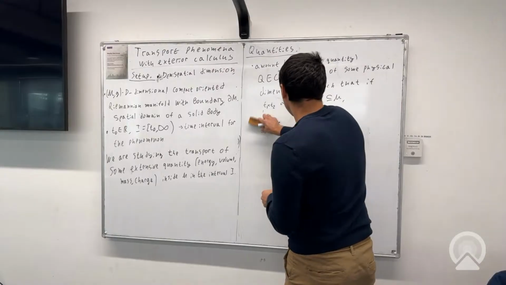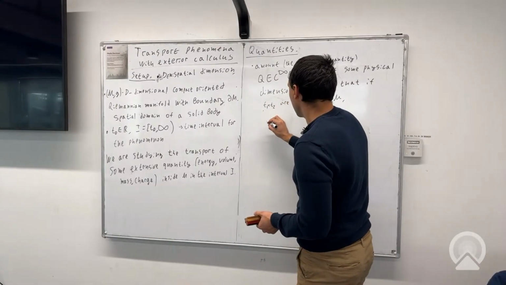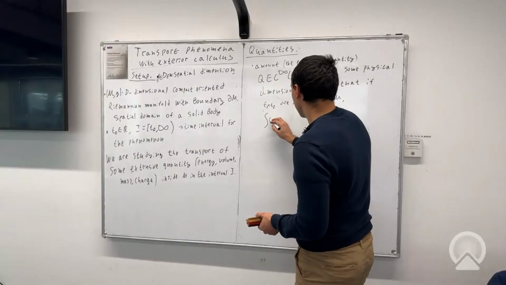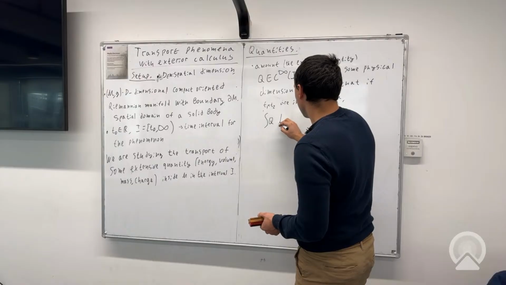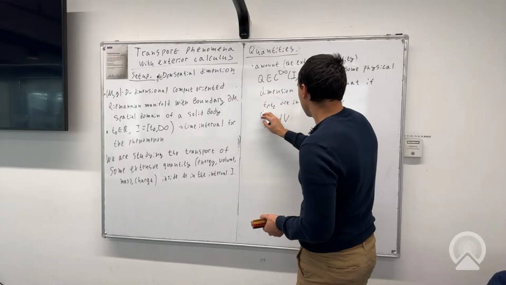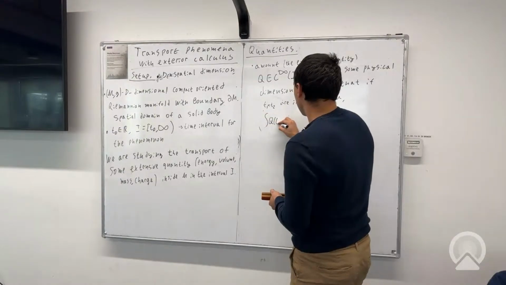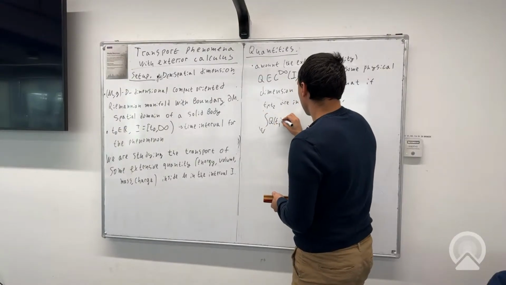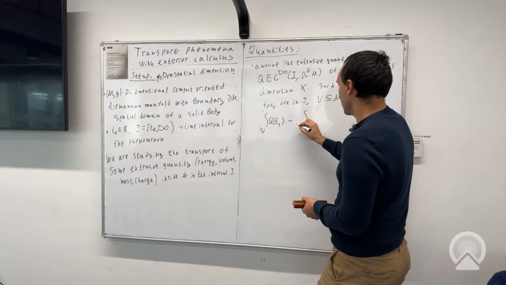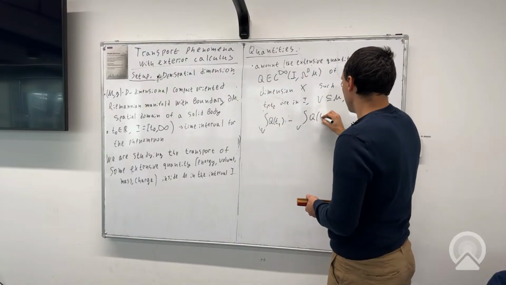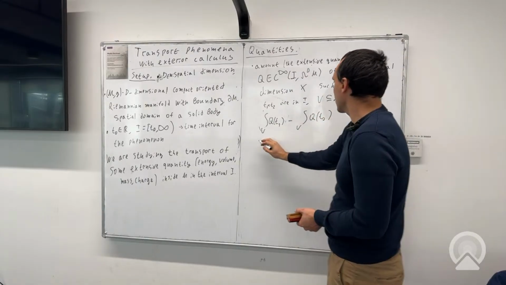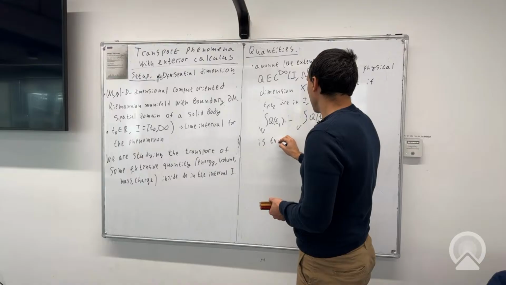The integral of q dv at times, so q at time t1 minus q at t0 is the amount difference.